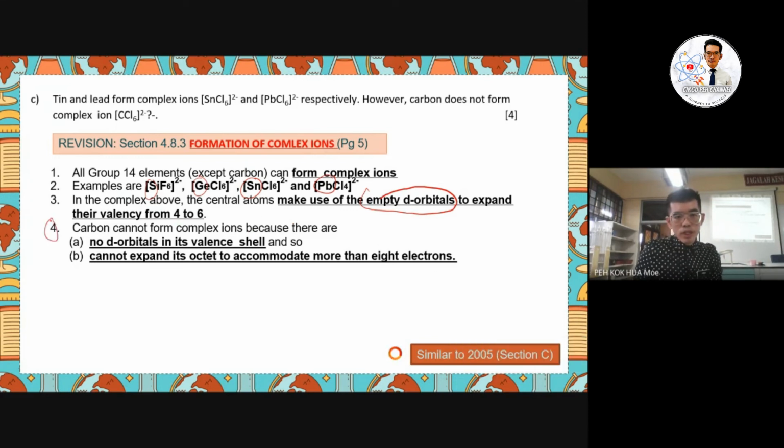So here the question asks you why carbon cannot form complex ions. Because carbon does not have d orbitals. No d orbital in its valence shell, so it cannot expand its octet to accommodate more than 8 electrons. So you can discuss this.